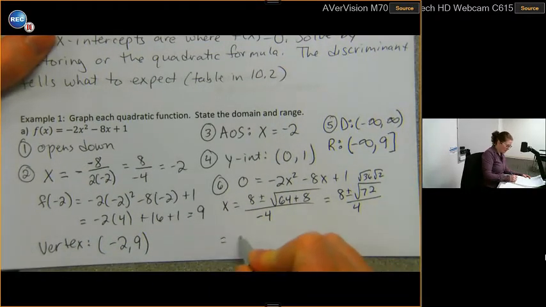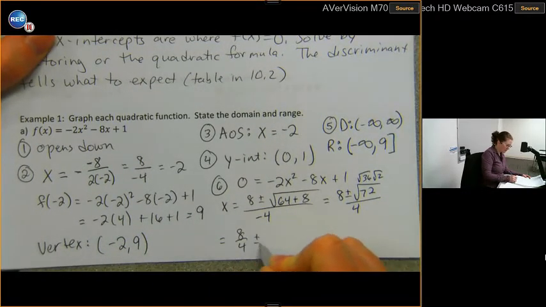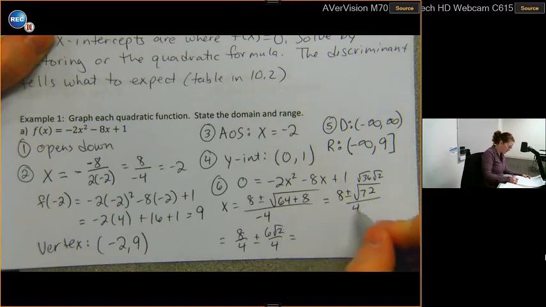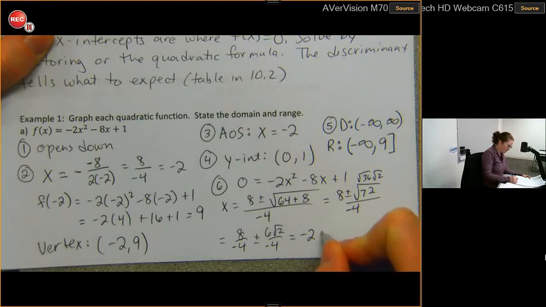So we have 8 over 4 plus or minus 6 square root of 2 over 4, which is, oops, 4 is negative, almost lost that. We have negative 2 plus or minus.